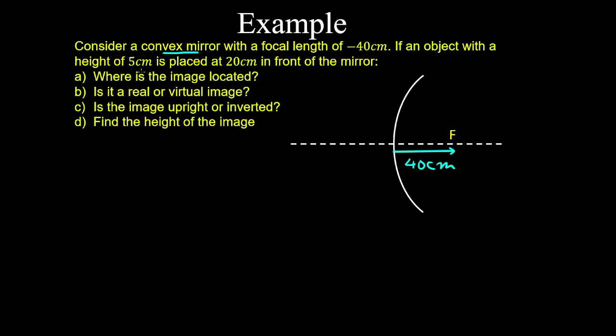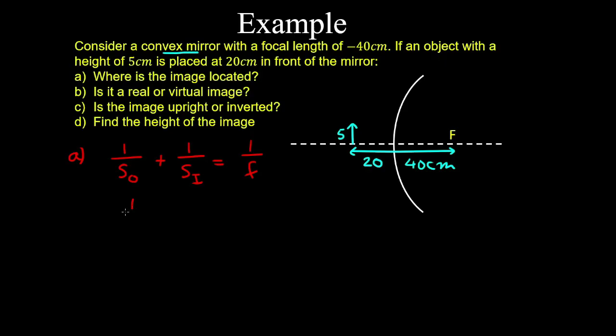Now if an object with a height of 5 centimeters is placed at 20 centimeters in front of the mirror, in part A, we're asked to find where the image is located. So recall the mirror equation: the reciprocal of the distance to the object plus the reciprocal of the distance to the image is the reciprocal of the focal length.